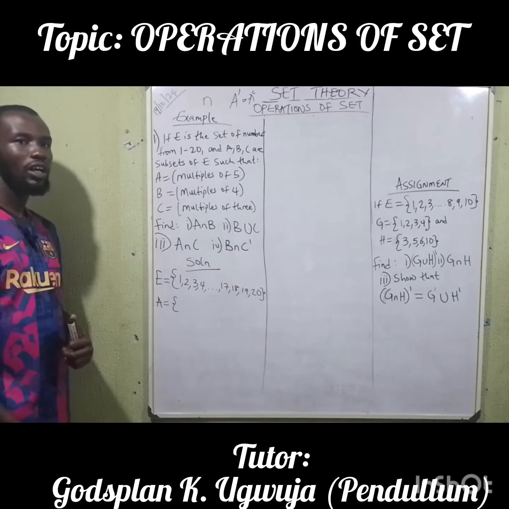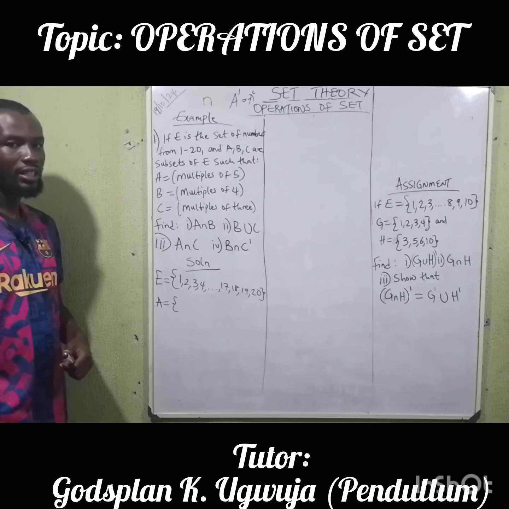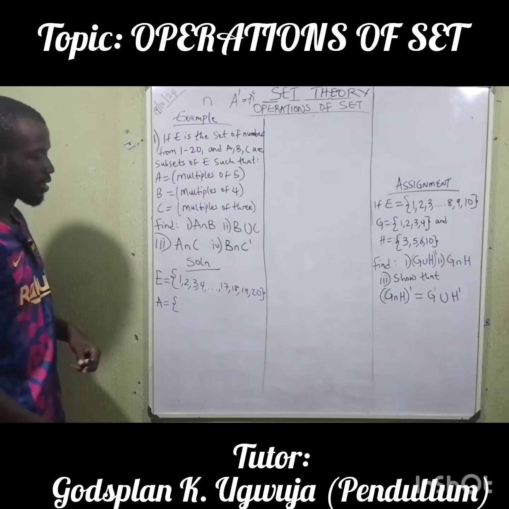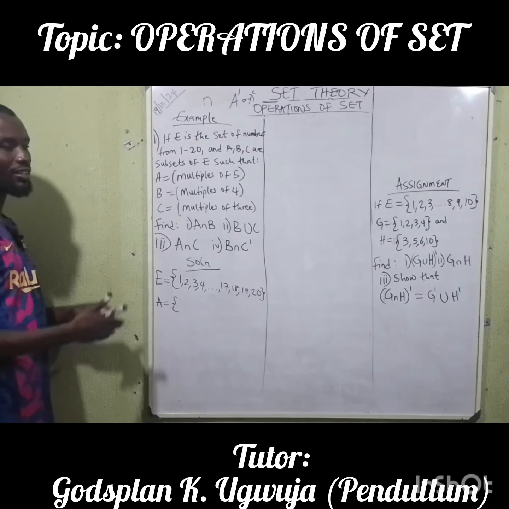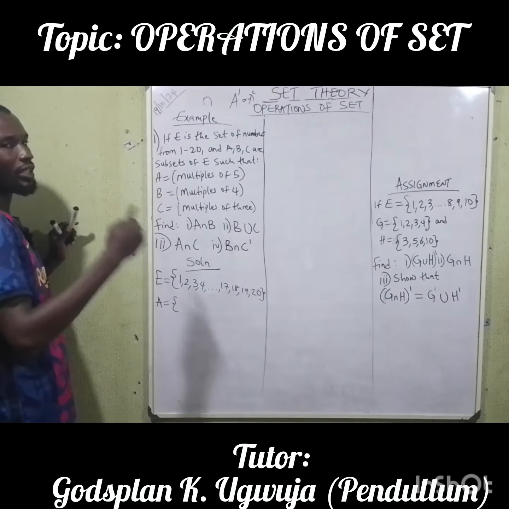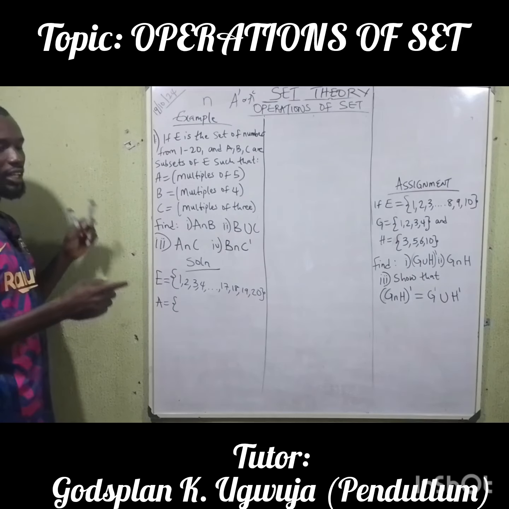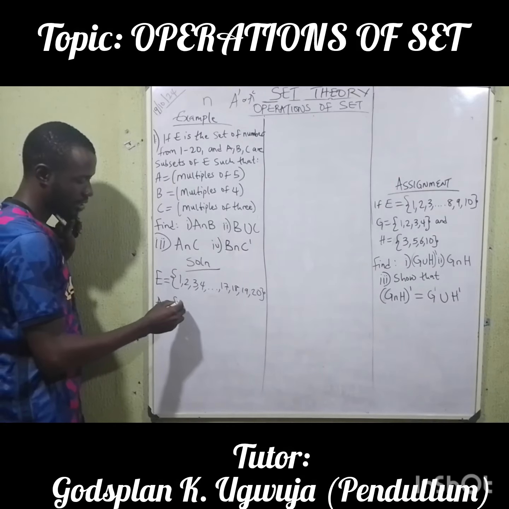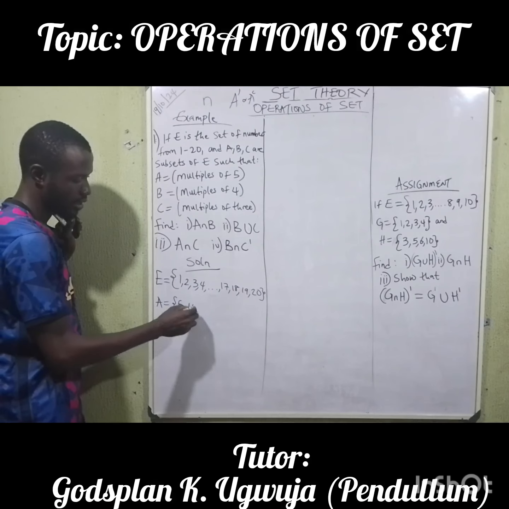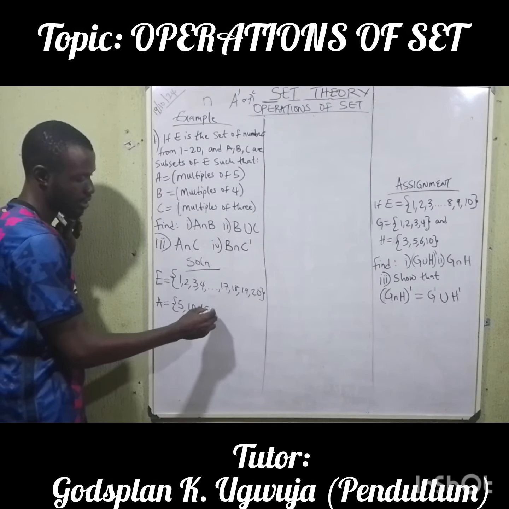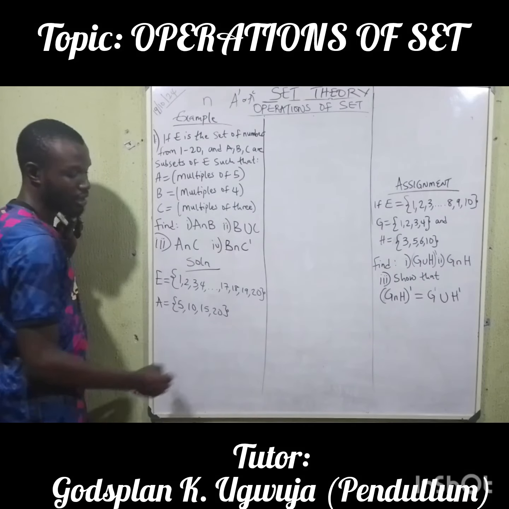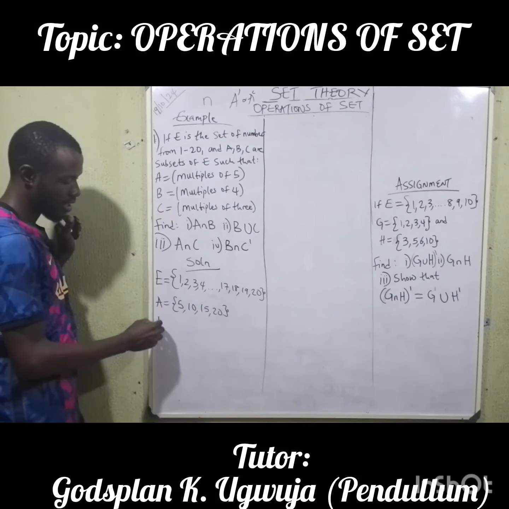Example, multiples of 2 are 2, 4, 6, 8, 10, in fact all even numbers. So numbers that 5 can divide without a remainder between 1 and 20 are 5, 10, 15, 20. These are the elements of set A.